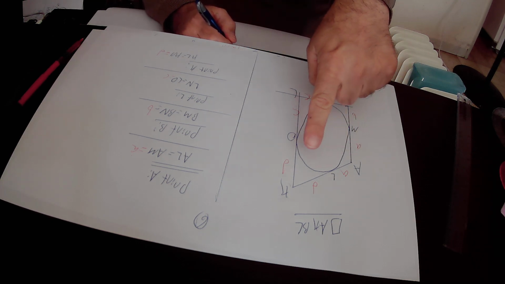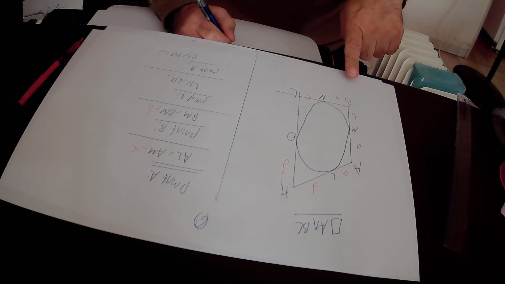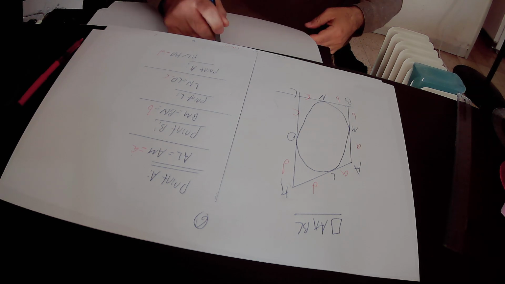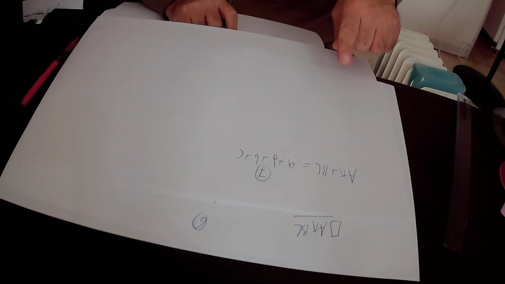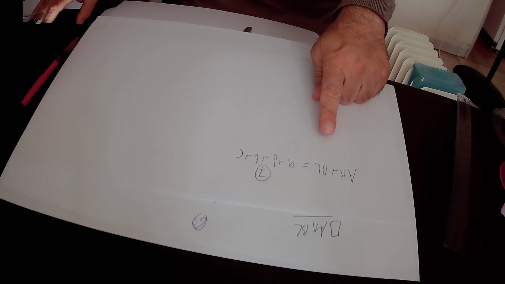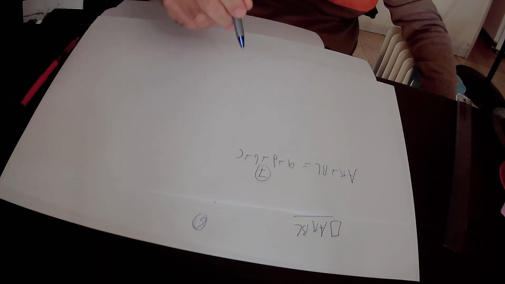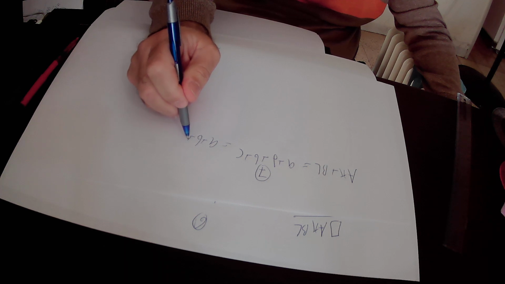AK equals A plus D, so we substitute AK by A plus D. And BL equals B plus C, so we substitute BL by B plus C. The conclusion is that AK plus BL equals A plus D plus B plus C. That is to say, it equals A plus B plus C plus D.